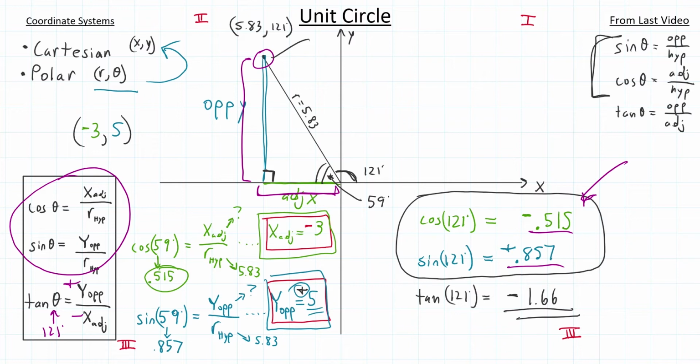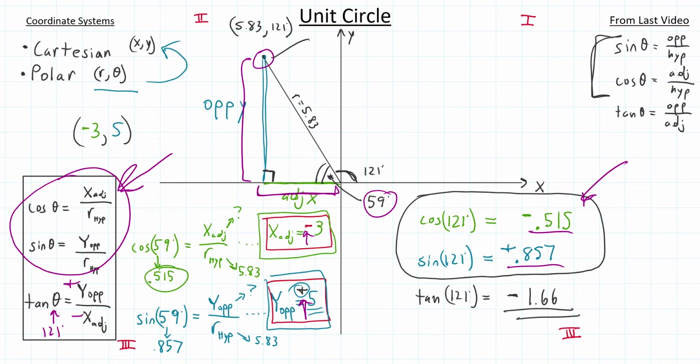You wouldn't have to find out this 59, and you wouldn't have to manually put the positive or negative on it. You wouldn't have to think hard. You would just use the cosine and sine of 121 and these equations right here. The cosine would give you the x, and the sine would give you the y.